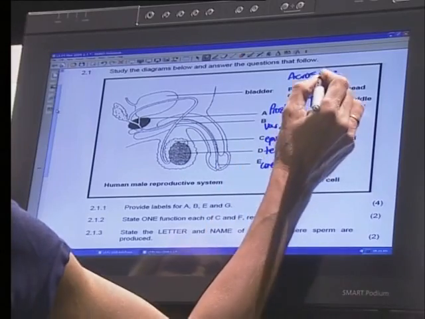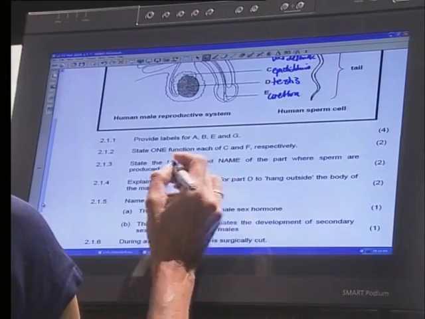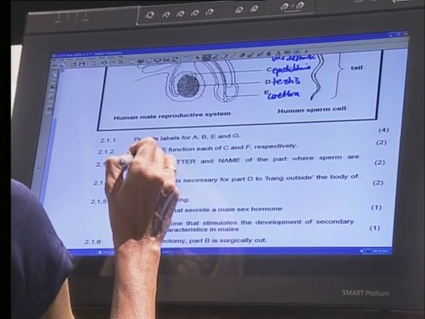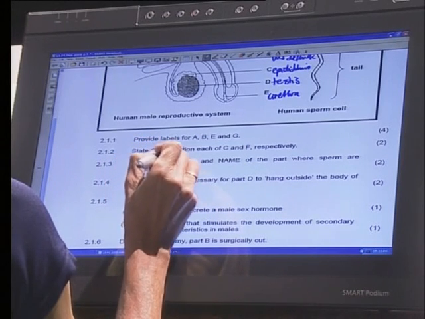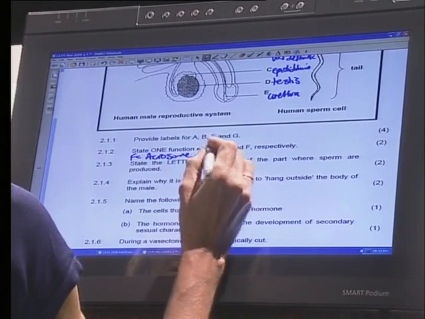while they mature. And then F, the acrosome, I've already told you, what it does is it releases enzymes which break the cell membrane to the egg cell. Okay? Can you repeat that? Okay, I'm going to write it here. F is the acrosome. And what does it do?